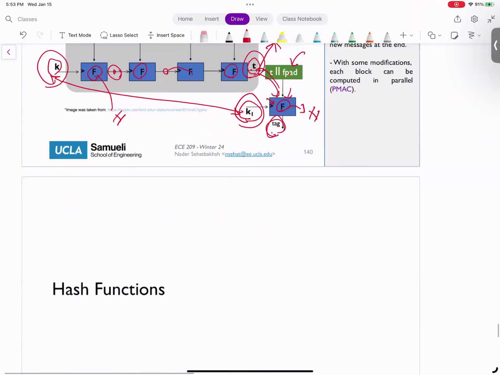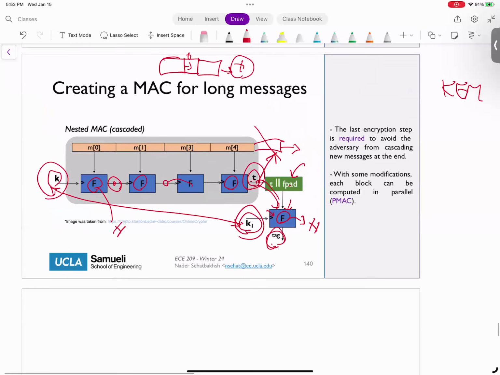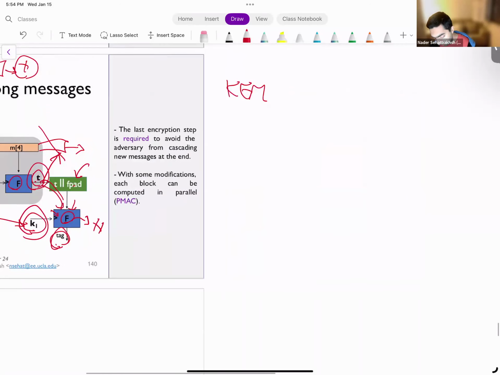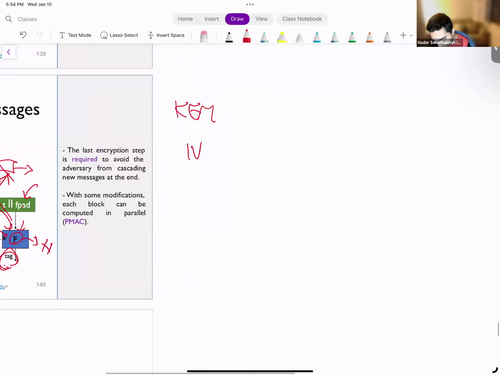Or actually, would you need to authenticate the IV being sent? You don't need to authenticate the IV being sent because, as far as I know, if the IV is changed, then it's not going to pass the test anyway. Given that the key is not known, even if the adversary changed the IV, they cannot find a different IV and different message and generate the result. But usually, the IV is sent before.